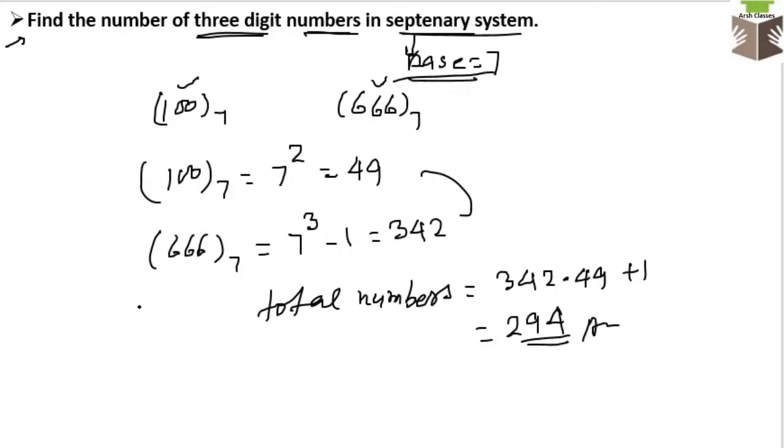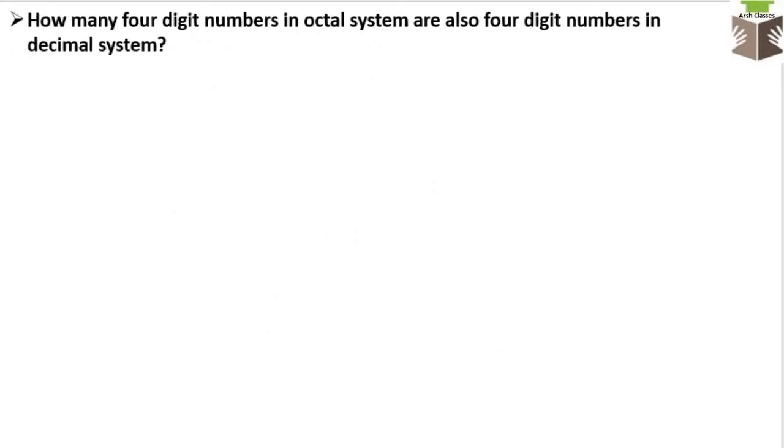Now similarly, you need to calculate in base 8. How many 4-digit numbers in the octal system are also 4-digit numbers in decimal? The question says that the number in octal and also in decimal will be 4-digit, guys.